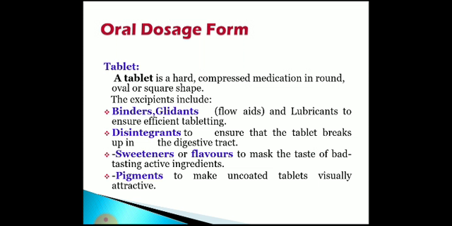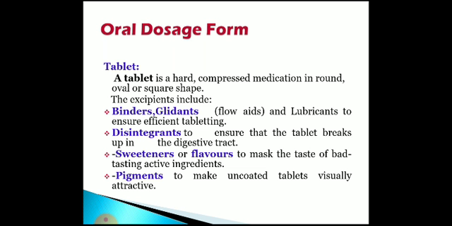In oral dosage form, the example is the tablet. Tablet is a hard compressed medication in different types of shapes like round, oval or square. Excipients are included with the formulation of tablet.